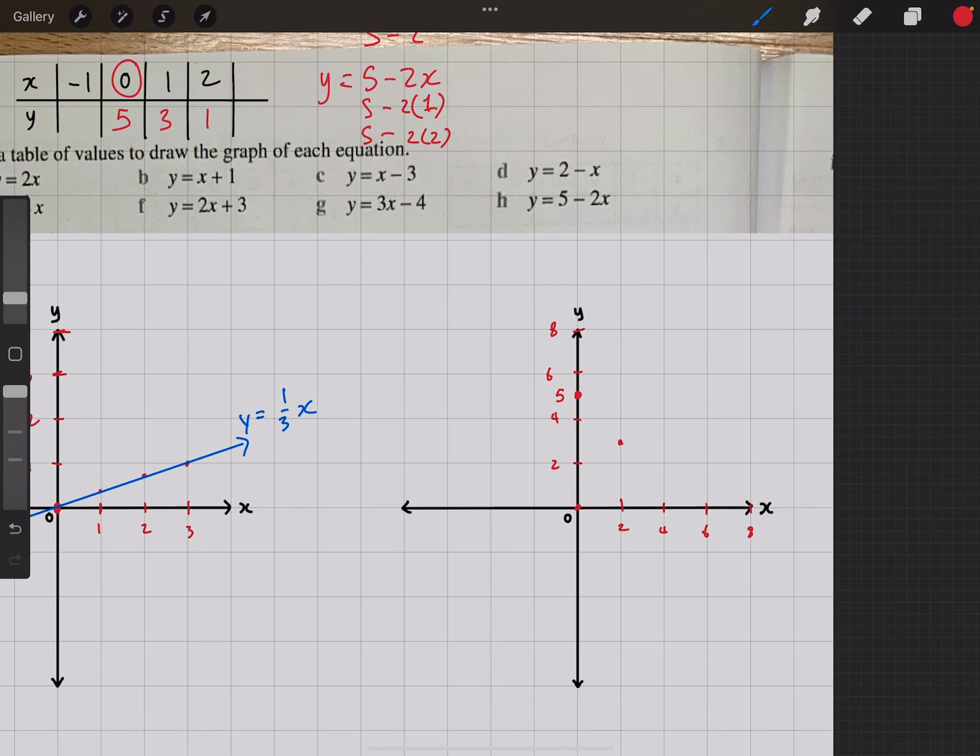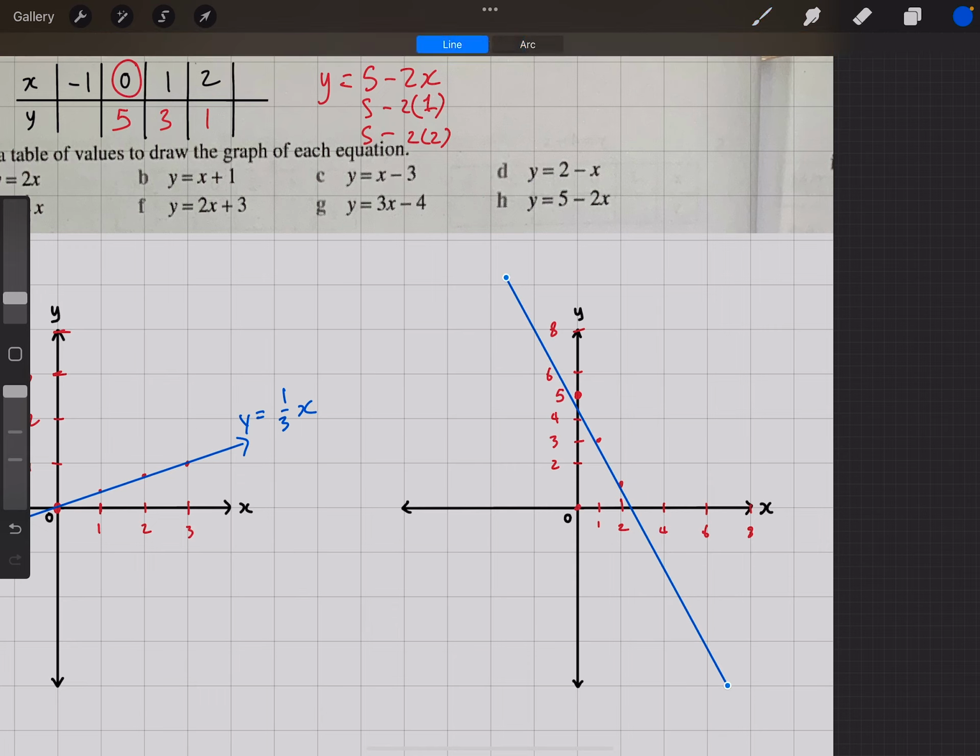When x equals to 2, y equals to... Whoops. Alright, so when x equals to 1, which is there, then it should be 3, which is here. When x is equal to 2, y is equal to 1, which is here. Now we can just draw the graph. And your graph should look something like this.